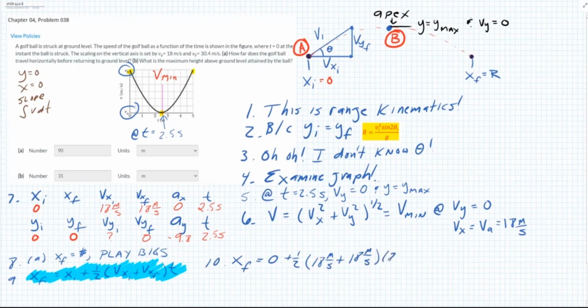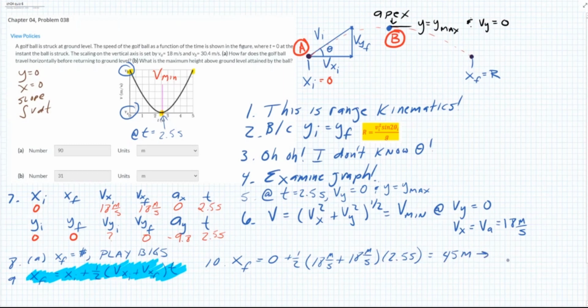So this 2.5 seconds represents half the flight time. That's why I'm going to get an answer here for the half flight distance: 18 times 2.5. For half the flight distance, my calculator says 45 meters.